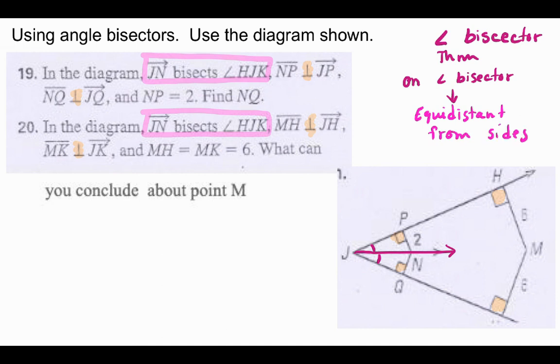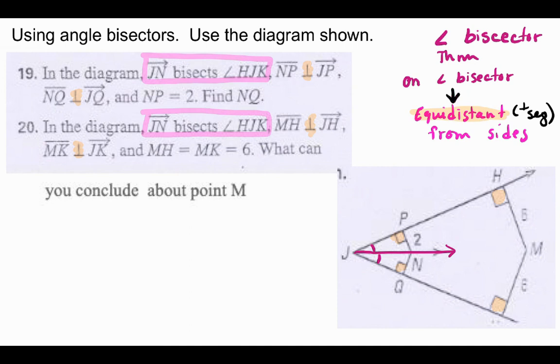So when we are measuring this equidistant information, we have to make sure that we're dealing with perpendicular segments. So that's why they have to tell us those perpendicular segments. That equidistant has to be perpendicular segments.